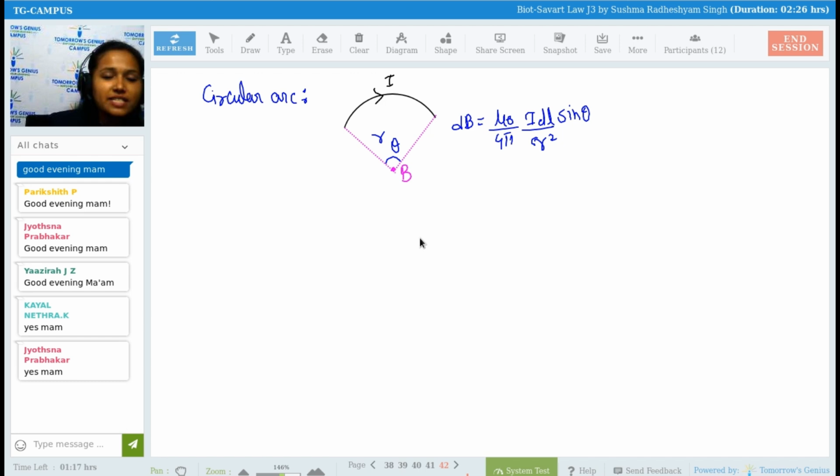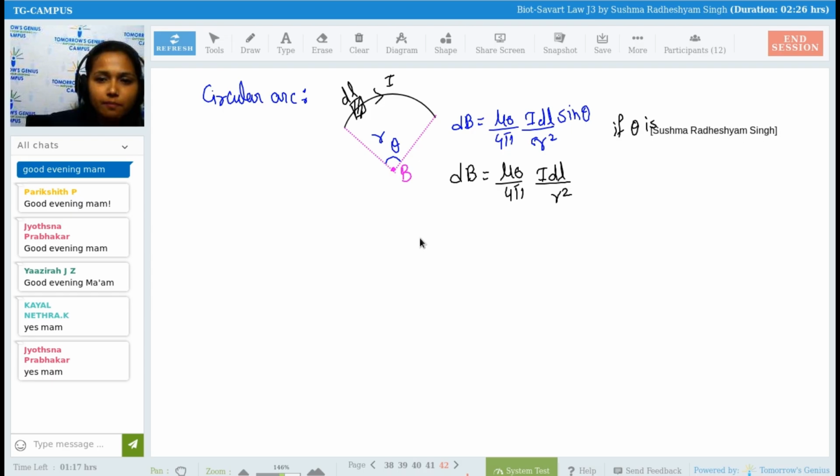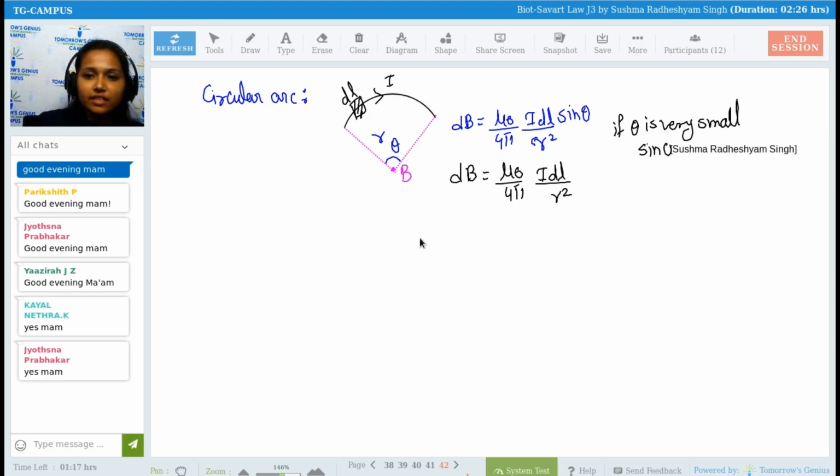Just put, students, we consider a small dl at r distance. Okay. So we put dB is equal to mu naught over 4 pi, I dl over r square. Now we know that if my angle is very small, so we say if theta is very small, sine theta is approximately equal to theta.